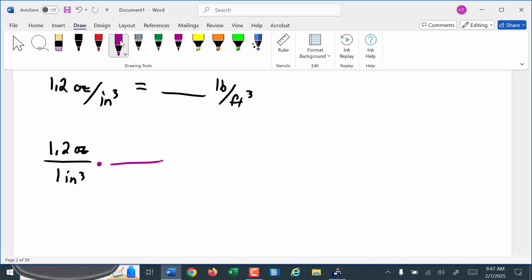Ounces are on top, so we'll get rid of them first. Take the ounces. We're going to convert ounces into what? Pounds. The bigger unit is the pound, so 1 pound equals how many ounces? 16. Side note, you'll always see that whenever I write pounds with a number in front of it, I tend to always underline the LB.